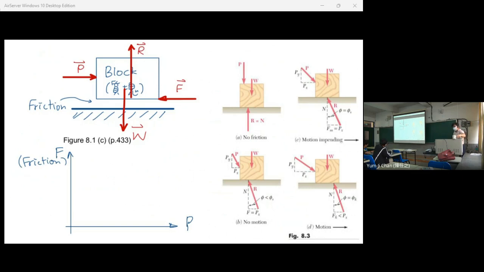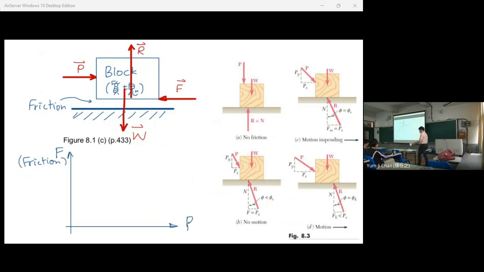If we have only a very small force, it does not move because we have friction from the floor. Only if the force is higher than some value does it move along the desk.